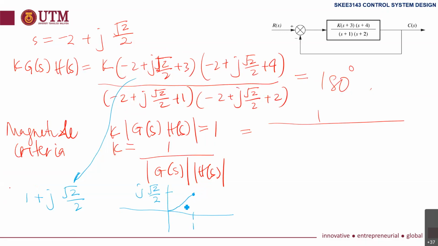This is the magnitude. How can we find the magnitude? That means we can use Pythagoras, in order to get this one.